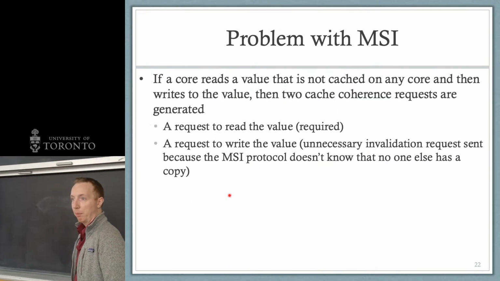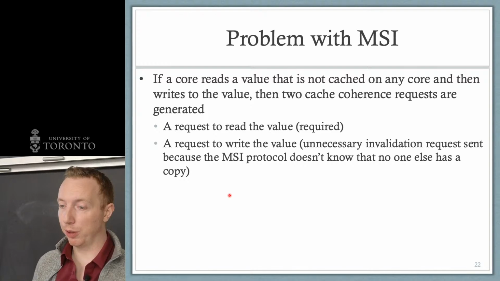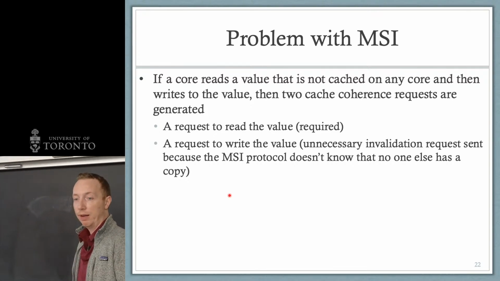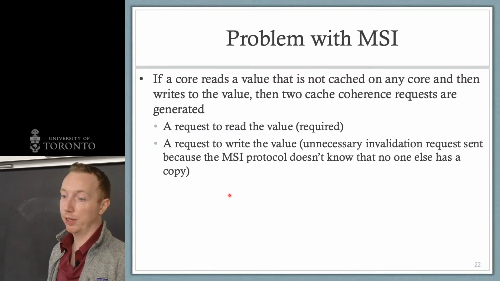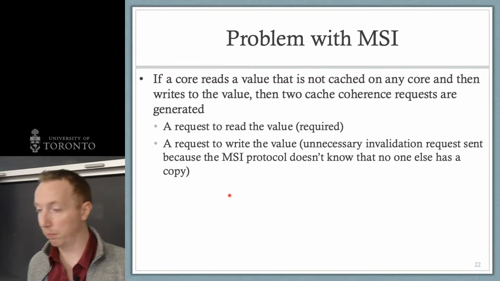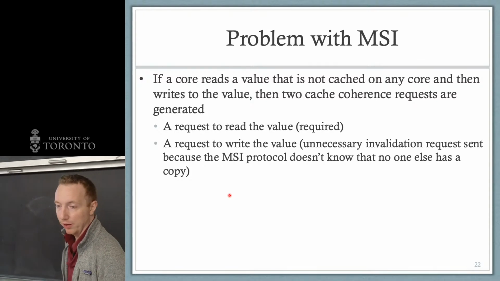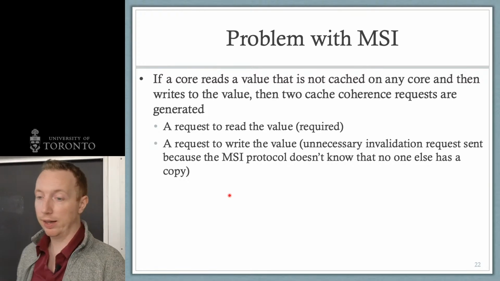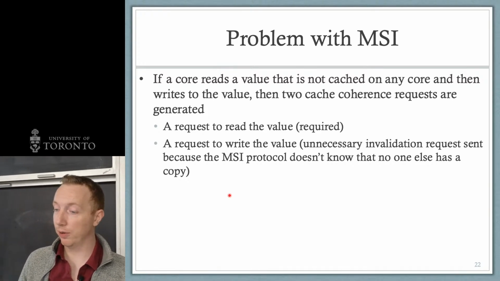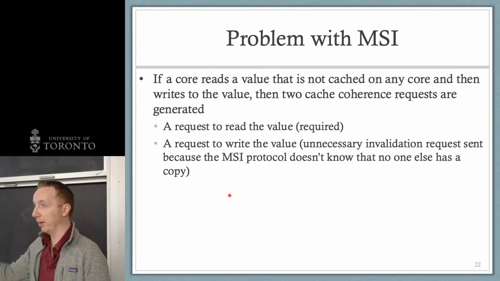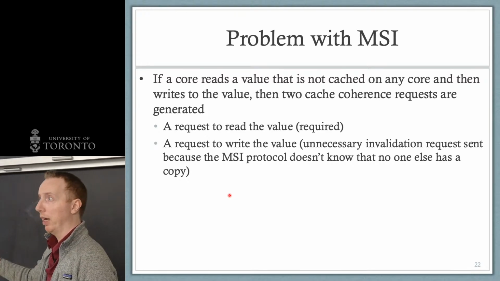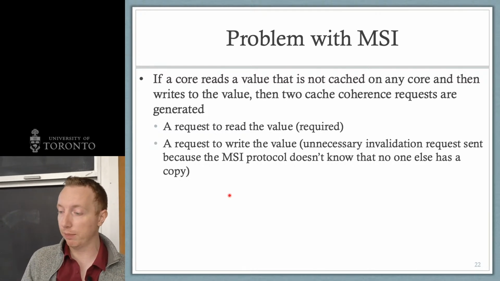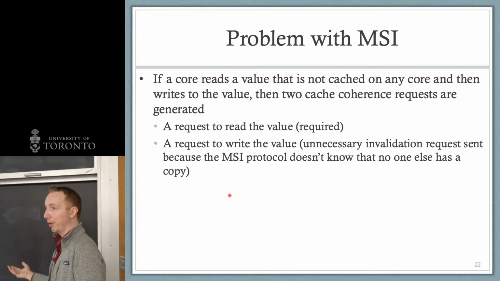So a problem with this is even if a core reads a value that's not cached on any core and then writes to that value, it's still going to cause a whole bunch of coherency requests. So it has to read that value as before, and then it also has to request to write that value, and then it will immediately invalidate all the other cores and actually have to go through and check every single core's cache to see if it needs to invalidate something, because, well, the protocol is just not that smart.